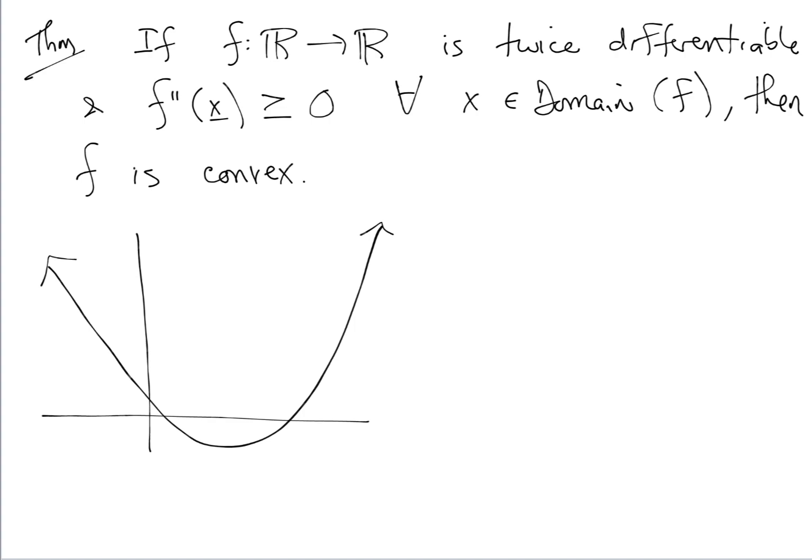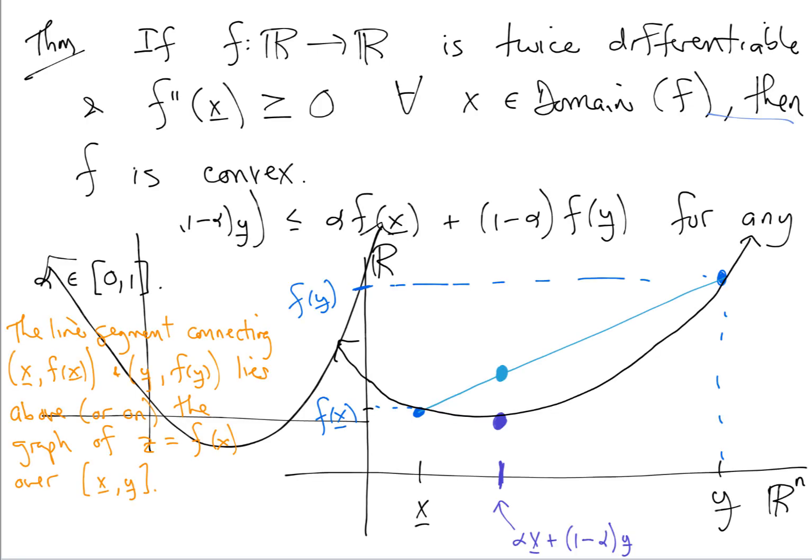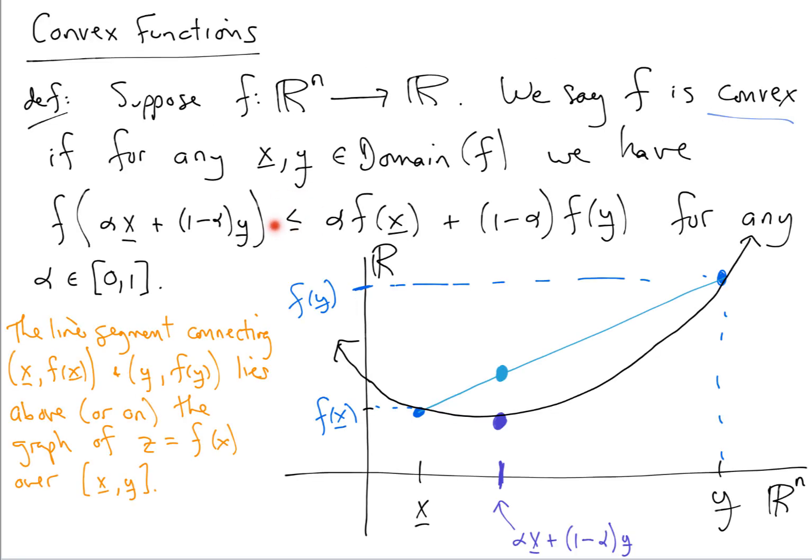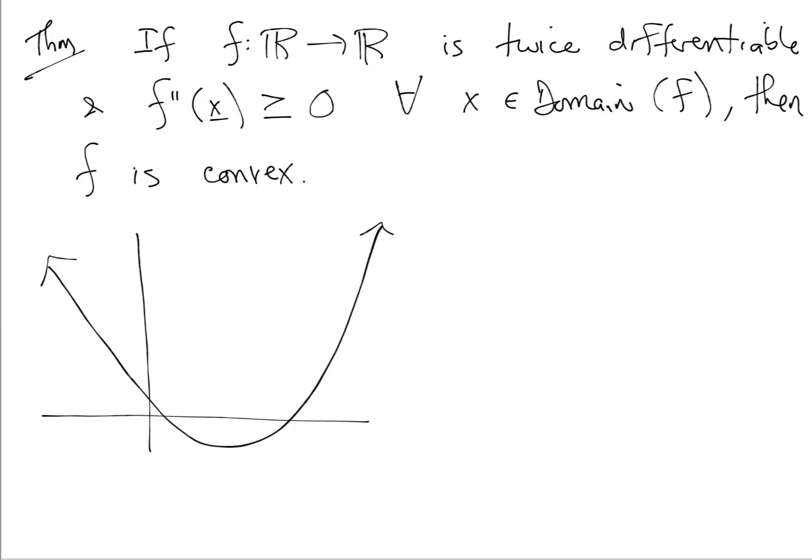Now it turns out this is the idea of strict convexity. What we have here with this less than or equal to sign is actually the definition of convexity, but we can state a stronger one.